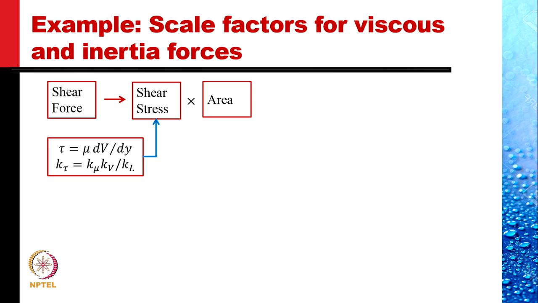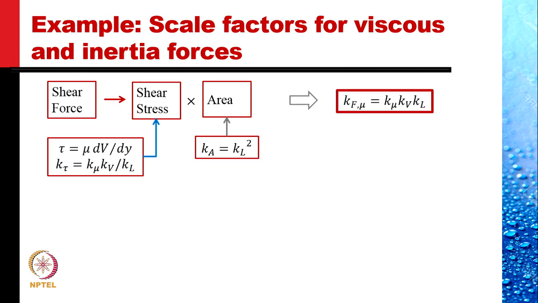And the scale factor of area is simply Kl square. And therefore, the viscous force scale factor is K mu, Kv, Kl. And the relevant pi number is F mu divided by mu Vl.